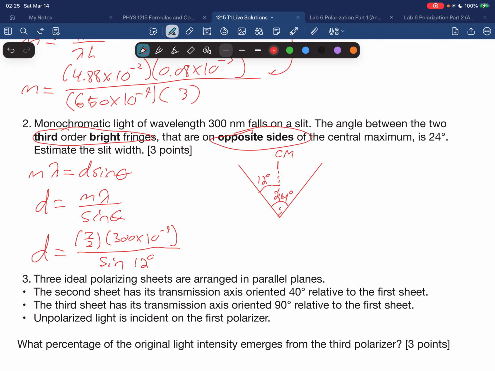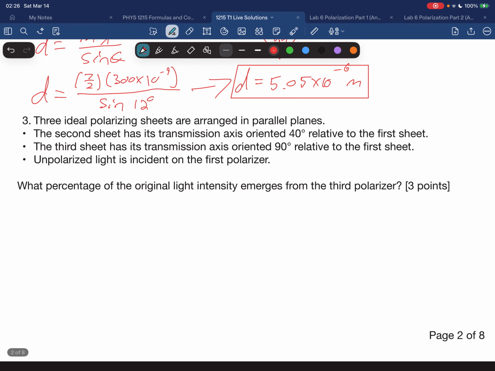So we only need half the angle because that's how the formula was created, how it's intended to be used. So our final d value here, after you plug everything in, is going to be 5.05 times 10 to the negative 6 meters. There we go.